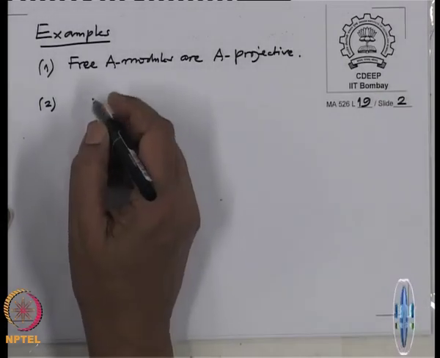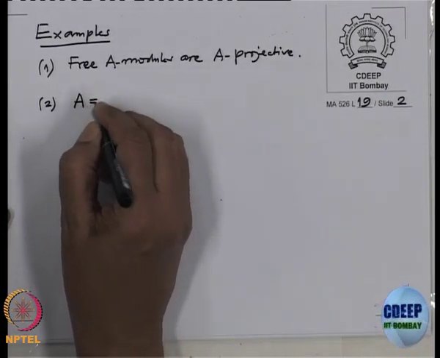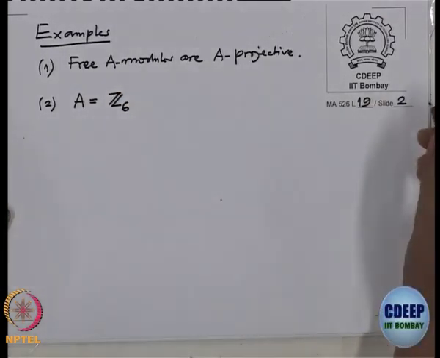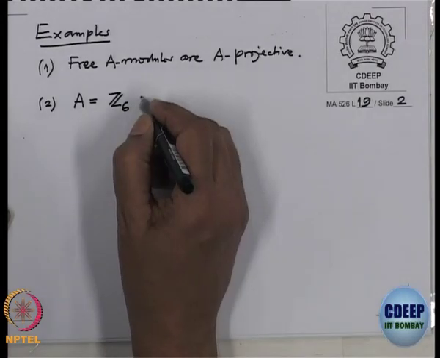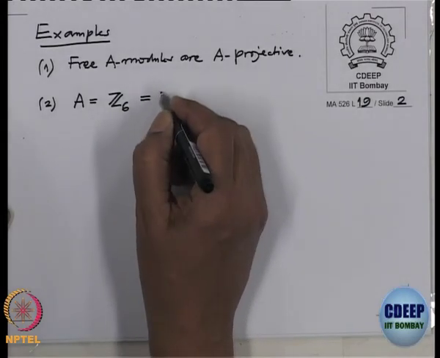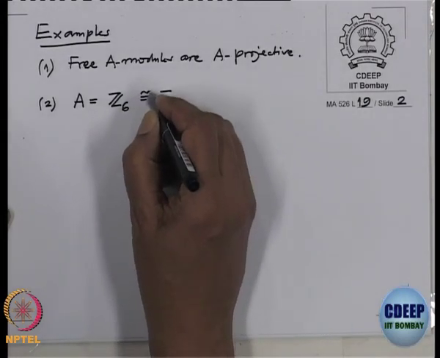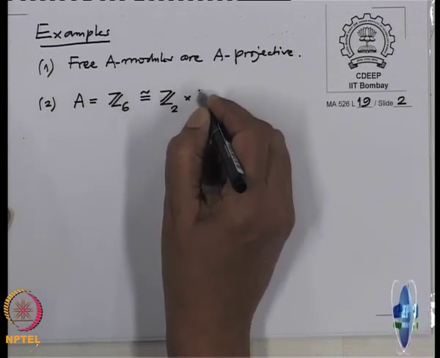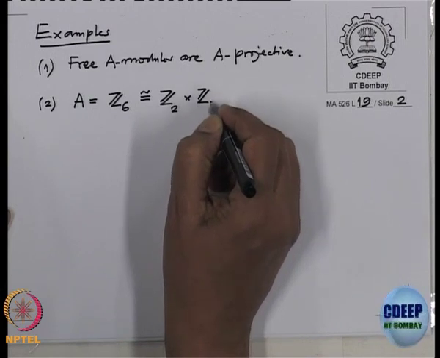So, for example, if you take the base ring to be Z mod 6, then Z mod 6 is the same, as a ring isomorphism, as Z mod 2 cross Z mod 3.